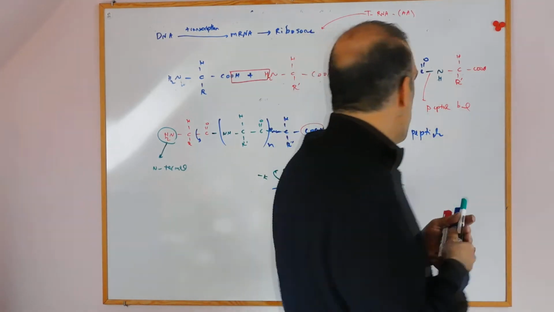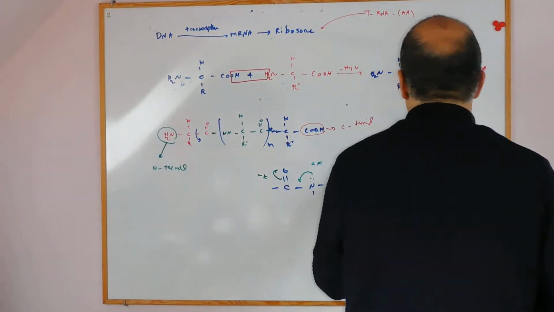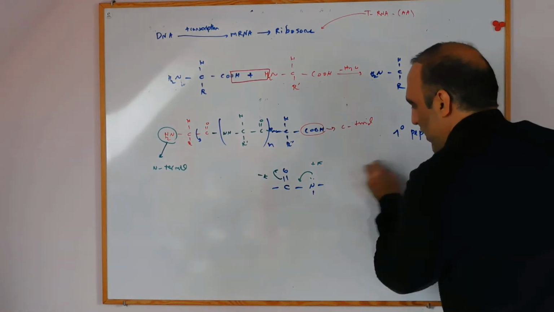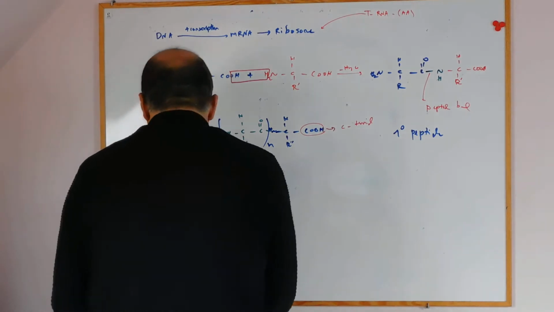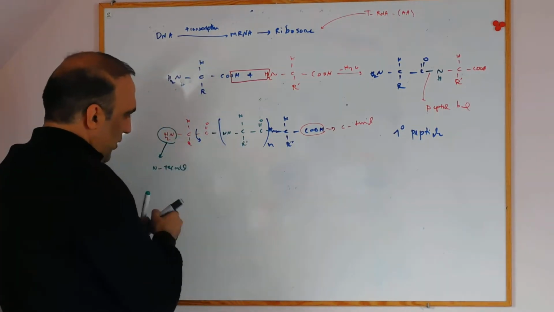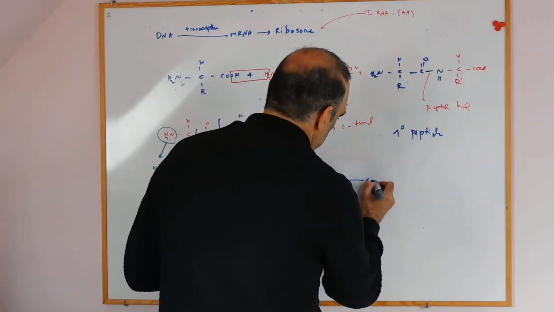For example, I will show you. This is like a rope. As you see here, I draw a big primary peptide, starting with NH2 and continuing to COOH.